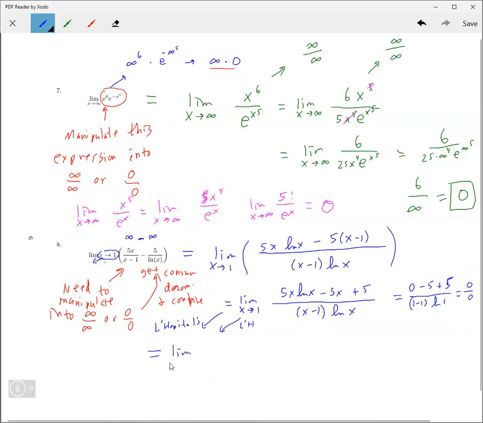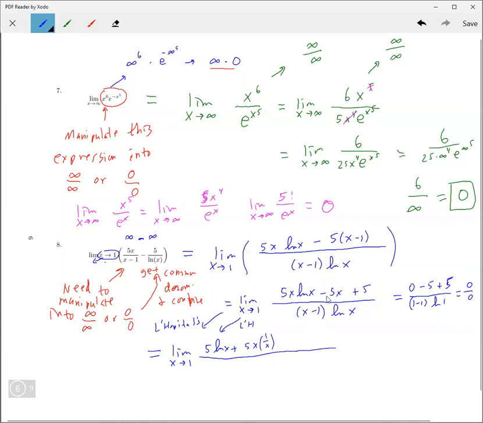Let's take the derivative of the numerator. So the derivative of the first part, which is 5, times the second part, plus 5x times the derivative of the second part, which is 1 over x.